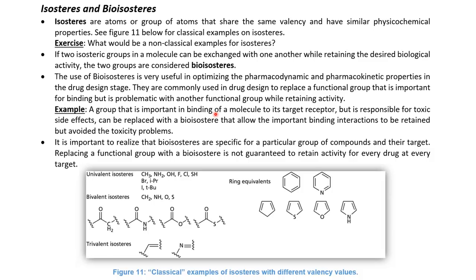This way we would solve the problem of the toxicity and at the same time maintain the biological activity. If we succeed in finding such a group, then these two groups will be defined as bioisosteres.